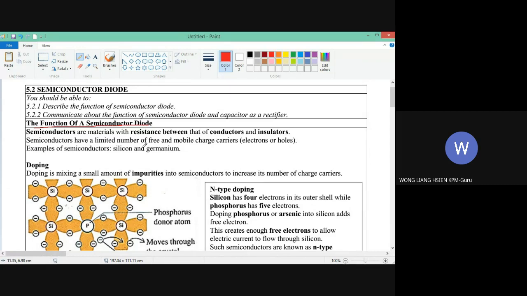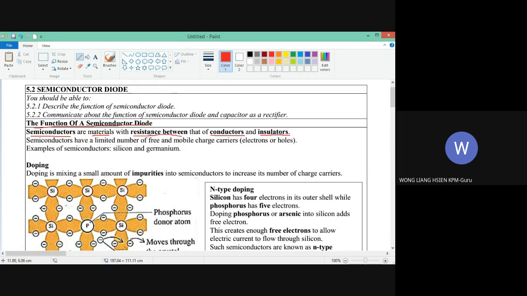How does it work? And in order to understand how it works, we need to understand what a semiconductor is. So first, what is a semiconductor? Semiconductors are materials with resistance between that of conductor and insulator.